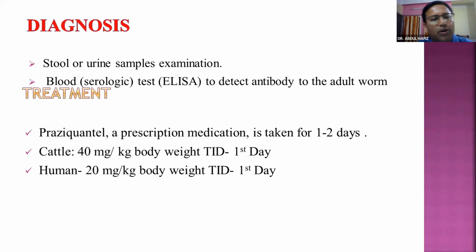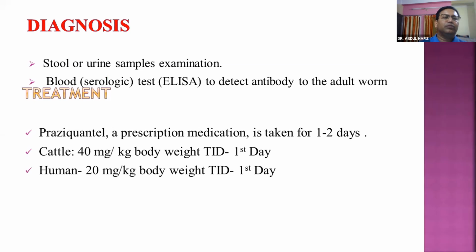Diagnosis: stool or urine sample examination. We can diagnose through stools and through blood also. Schistosoma eggs are also known as Napoleon-hat-shaped eggs, and the adult parasites contain male and female both existing in the same parasite.